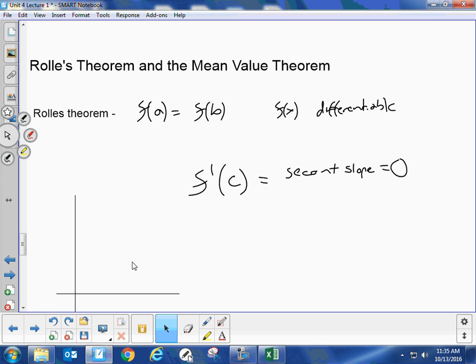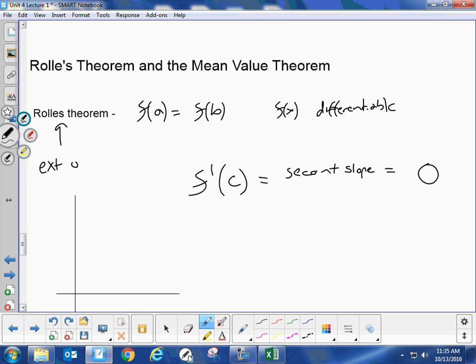So that's called Rolle's theorem. Do not know if you ever have to know Rolle's theorem, the name for it, because Rolle's theorem is just an extension of the mean value theorem. Okay, so as long as you know the mean value theorem, you're good.